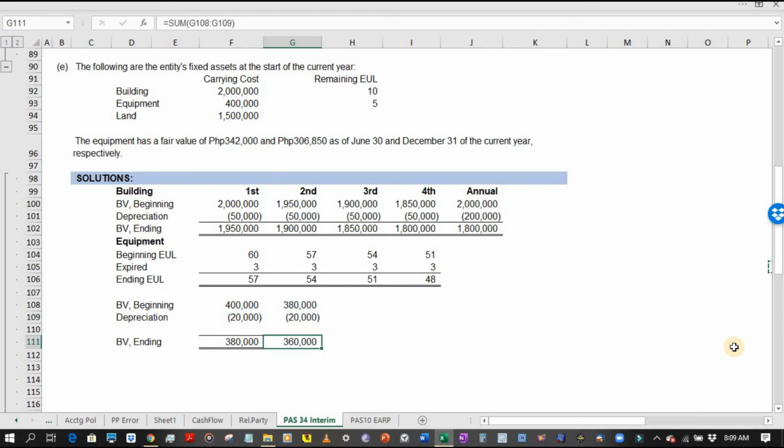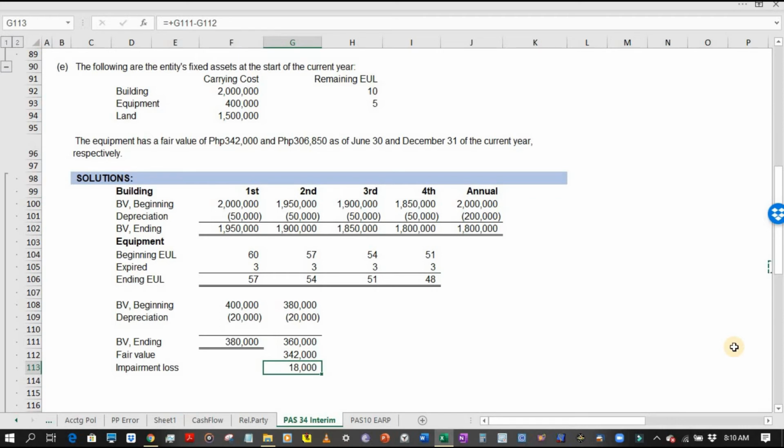However, based on the additional information, the fair value of the equipment as of June 30 of the current year is 342,000 pesos, which is below the current carrying amount. So the 360 will be compared with the fair value of 342, and there is a decrease which will be considered as an impairment loss of 18,000 pesos.